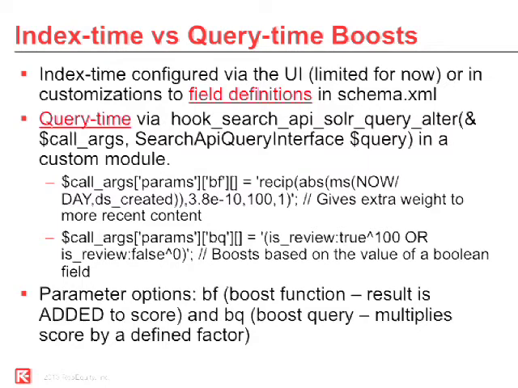And then I just put a couple examples because I had to do this, and there were literally no examples online how to do it, and I'm trying to save the next person some time. So the first one is a boost function. Basically you're running a function. It's going to return a value, and then that gets added to the relevancy score that Solr keeps.